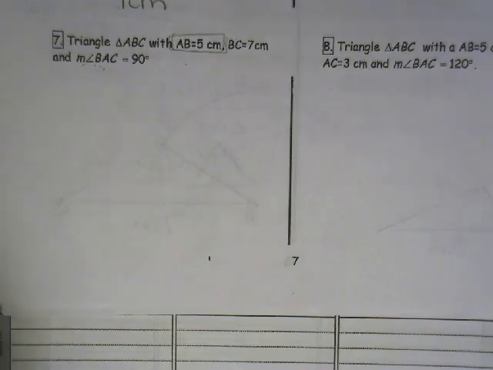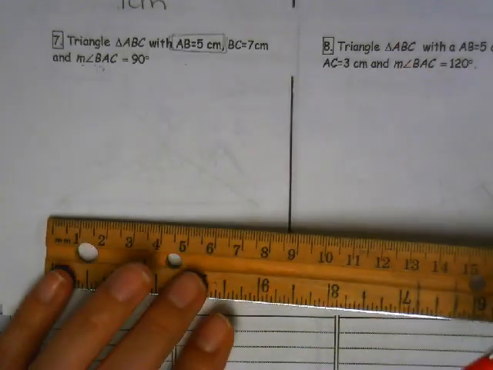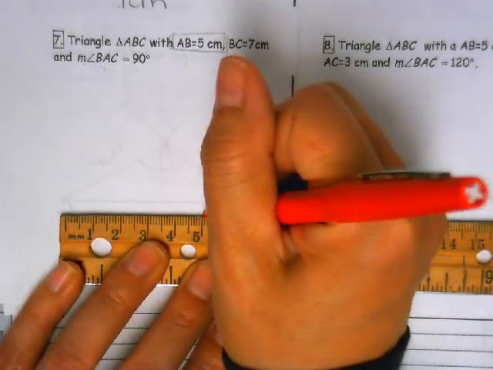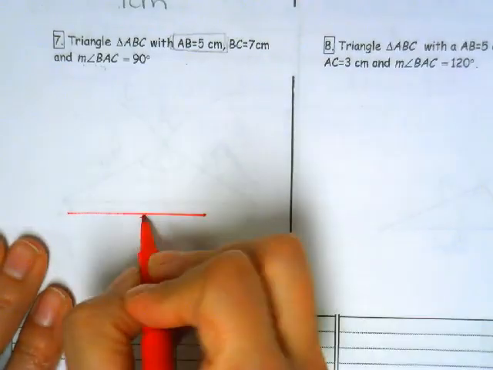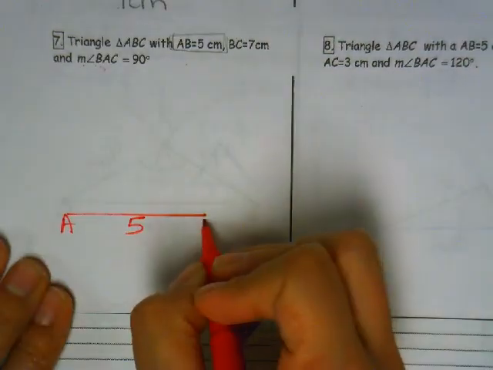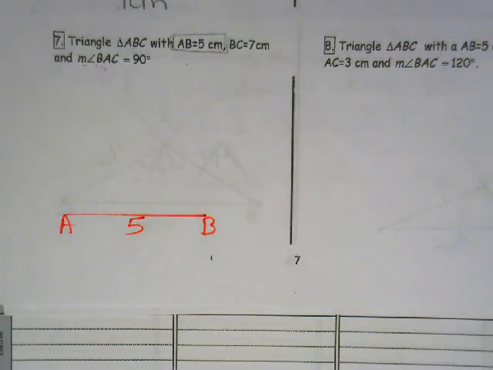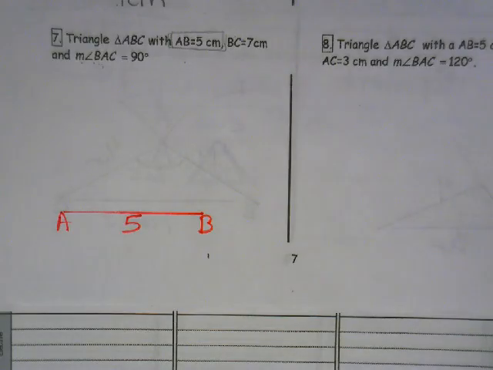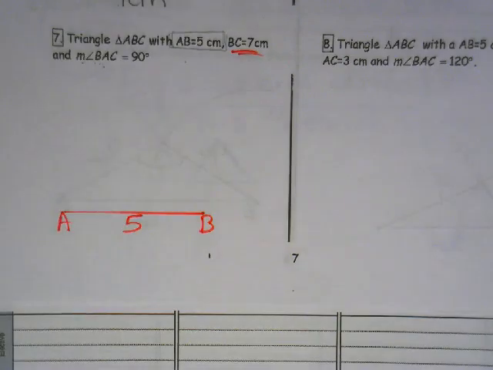Okay, so AB is 5, so we have a 5, and then this is A, and this is B, right? Now, 7 centimeters for BC, so what do I do with 7 centimeters? I grab my arc compass, set it to 7. It's going to be massive. Now wait, it's BC, so what dot do I use?